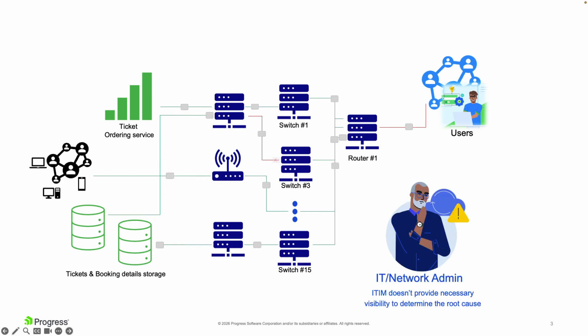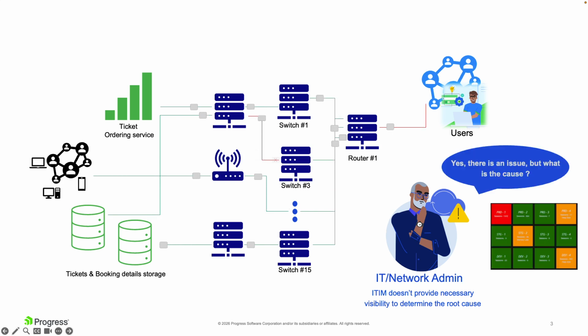So we know that typically, the organizations that we talk to usually have some form of IT infrastructure monitoring in place, so you can see your devices, your availability status, what's up or down. But what if a user complains that there are some issues and you look in your monitoring tool and you see green lights everywhere?